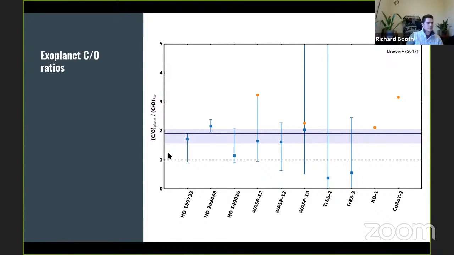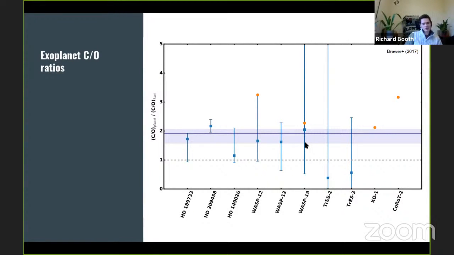At that time, the individual measurements were pretty uncertain. This dashed line of 1 would be where the planet's composition appears to be the same as the star. Lots of these planets were essentially consistent with that value, but with a lot of scatter about it. But when you looked at the average, you could see it was hinting at an increased C/O ratio in the planets. This is still very uncertain.